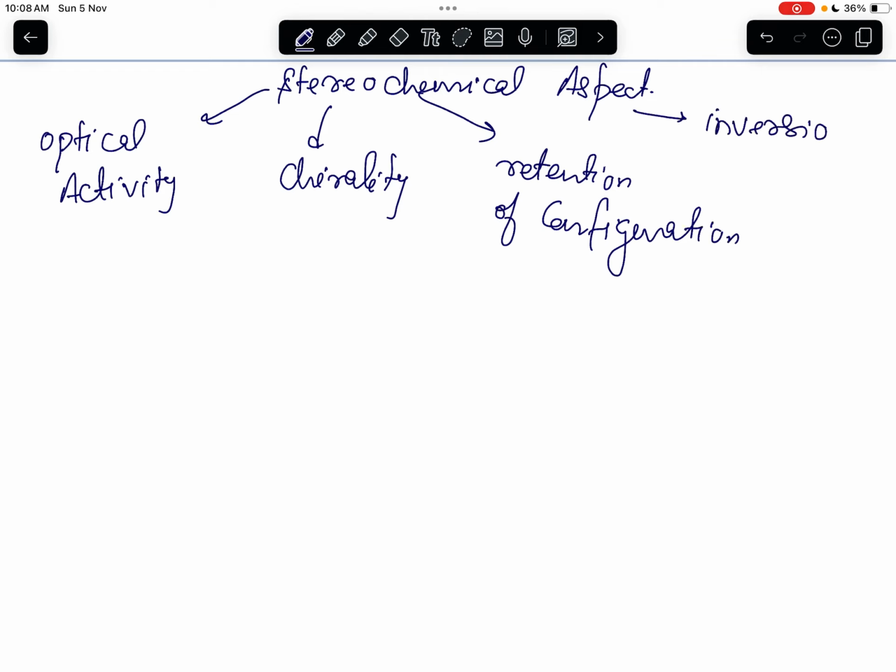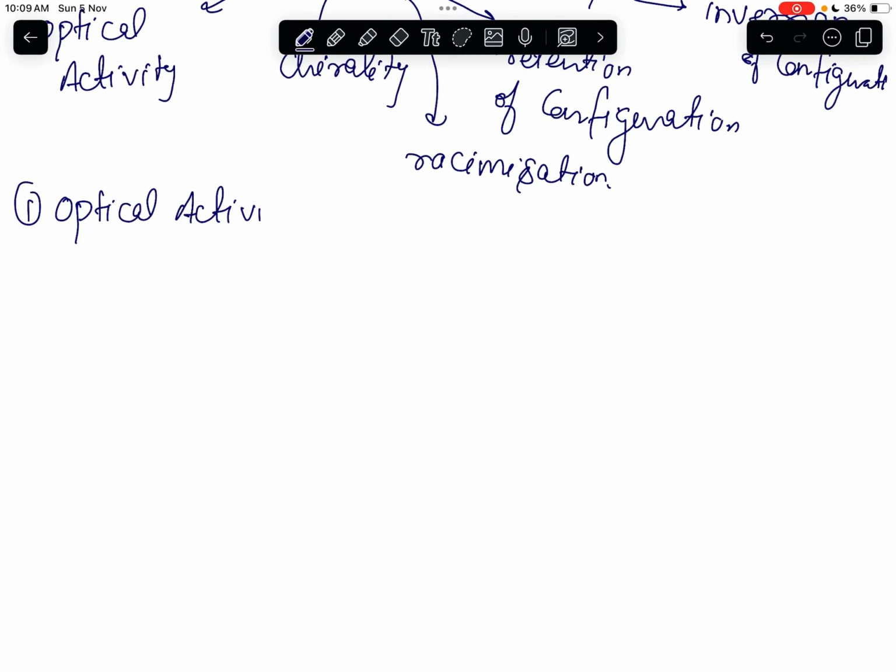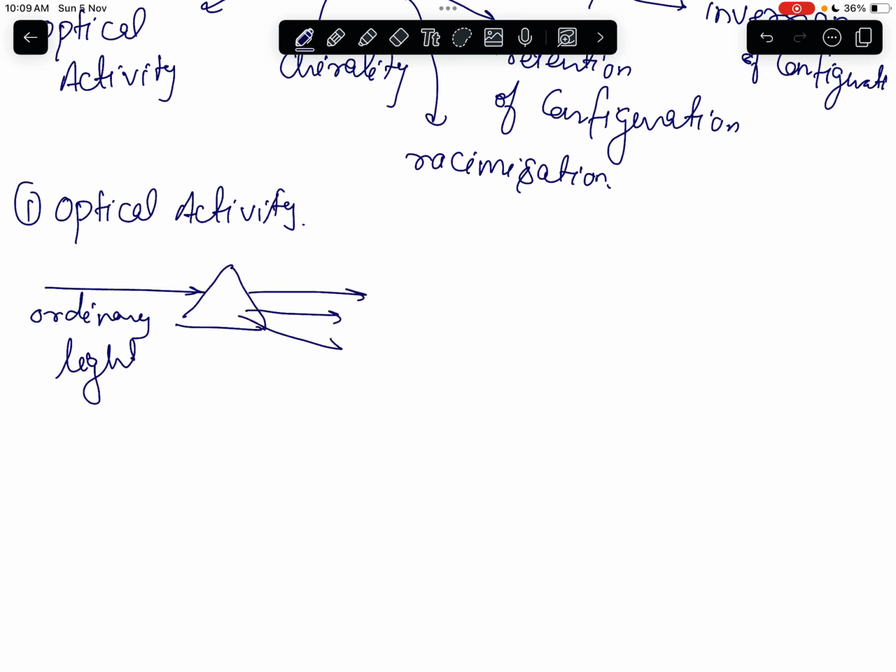First one, Nicol is the scientist who discovered the Nicol prism, and when we incident the ordinary light on it, the plane polarized light will generate.